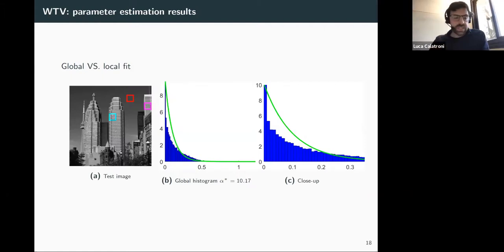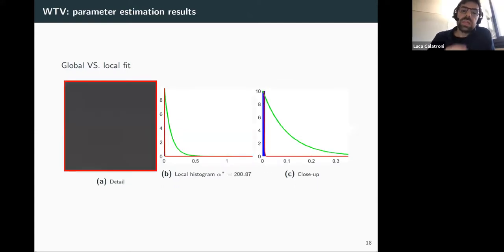So if we then look at the behavior of this estimation procedure on a well-known test image, which is the one of the skyscraper, we see, again, the two histograms computed on the global image. But if we look at a patch and compare the two fits, the green one being the global fit, the red one being the local fit, we see that this local alpha estimation is much more precise.